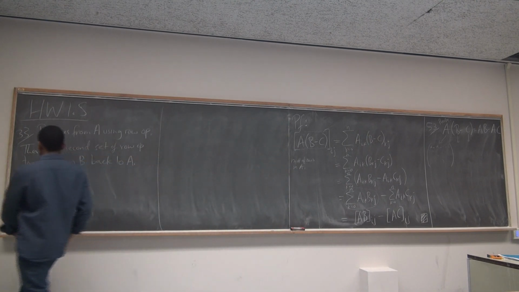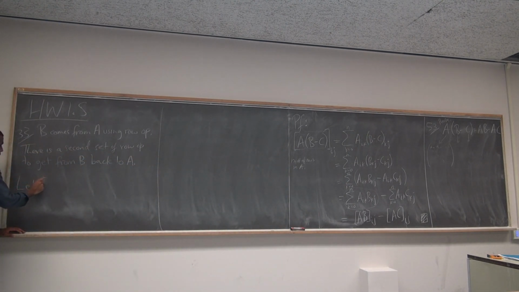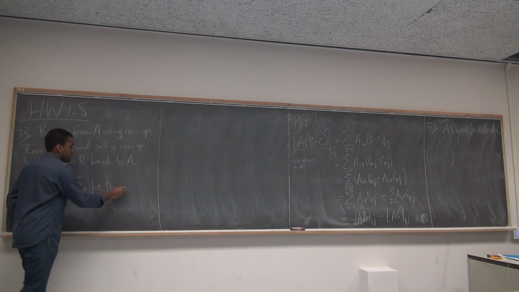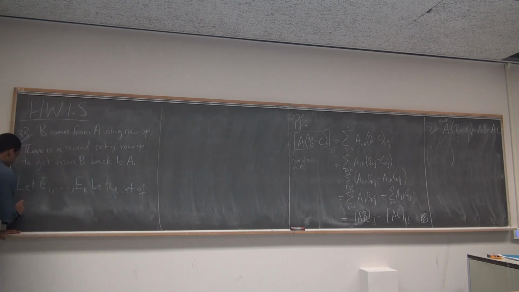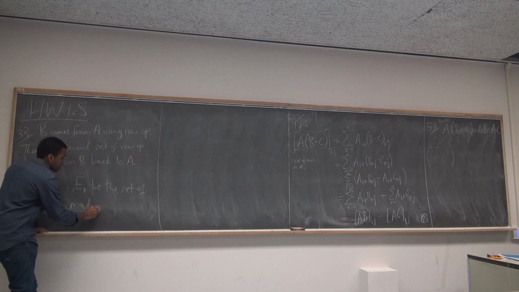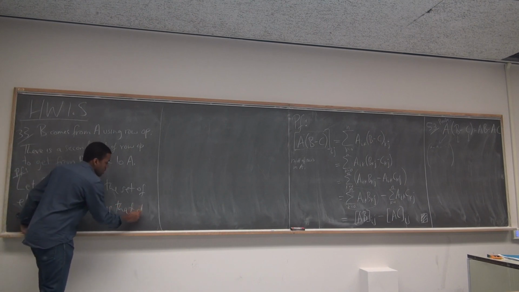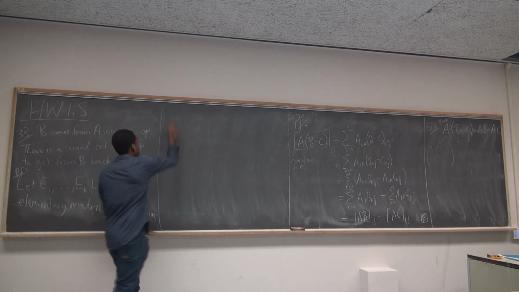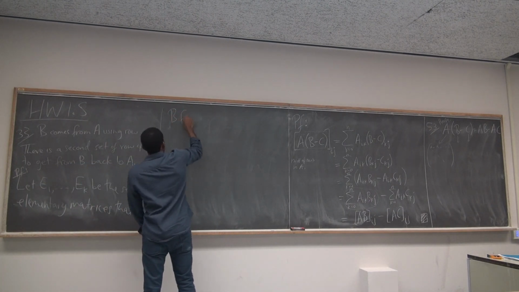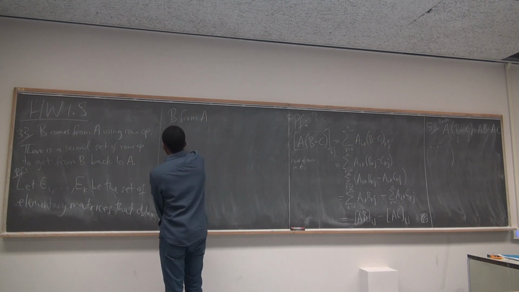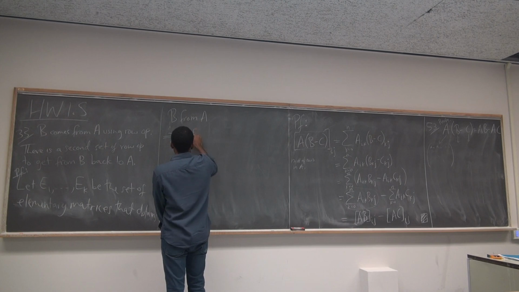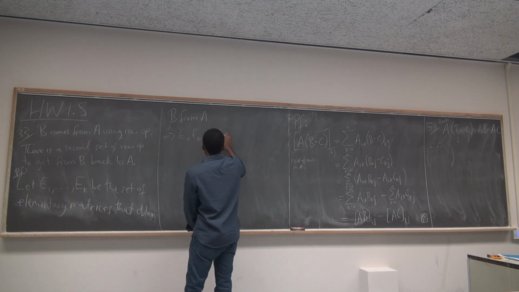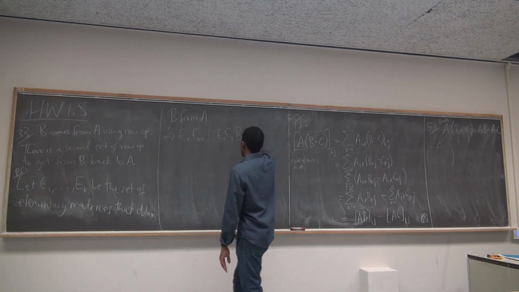So let E_1 to E_k be the set of elementary matrices that obtains B from A. This means that if I multiply these guys times A, I get B.